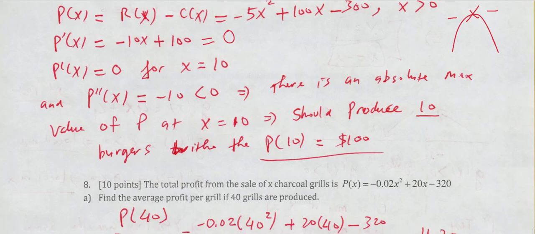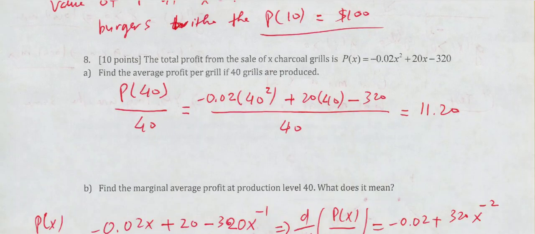Okay, the next question. The total profit from the sale of charcoal grills is given as P of x. This is the profit. Find the average profit. Now the average profit is the same idea as the average cost, which is the cost divided by the quantity.